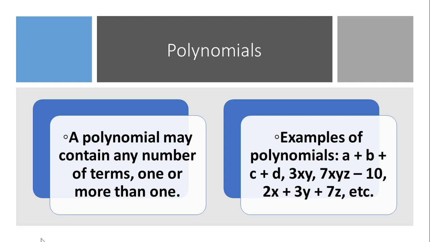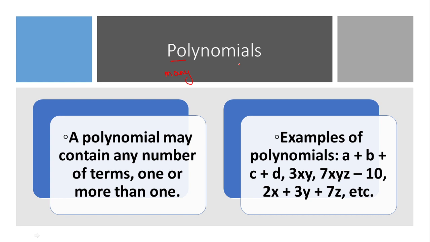Then let's see what is meant by a polynomial. Children, a polynomial can contain one or more terms. Poly exactly means many. An expression with many terms is called a polynomial. But even if one term is present, that is also a polynomial. If 2, that is also a polynomial.